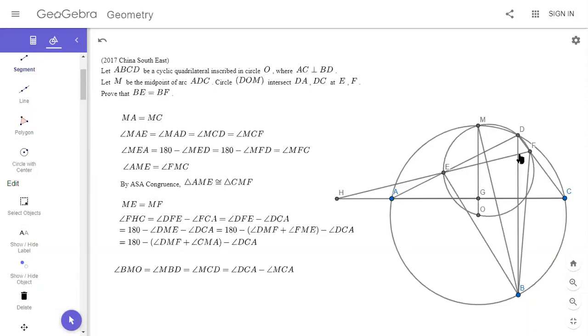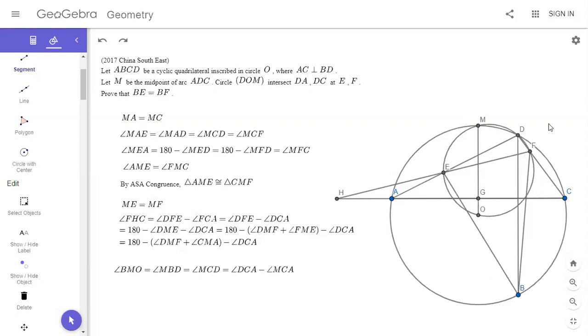Then, yeah, I like the strategy. It just got complicated. MBD. Maybe saying MBD is equal to MAD would be easier.